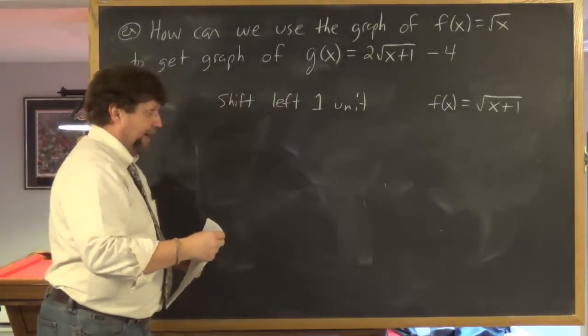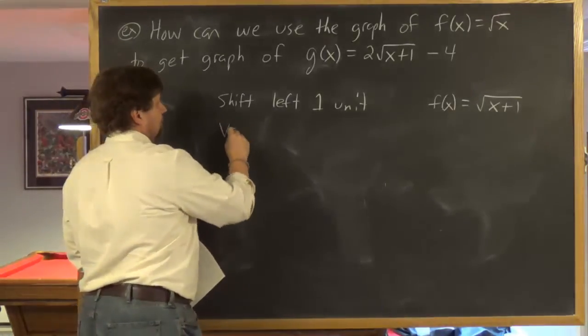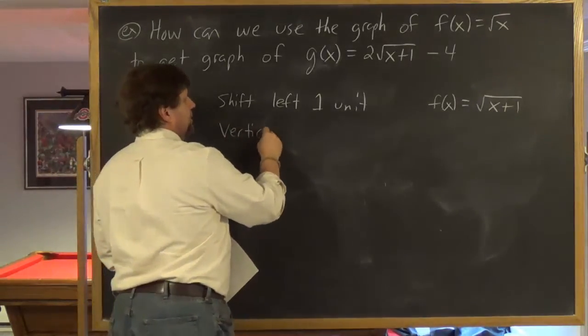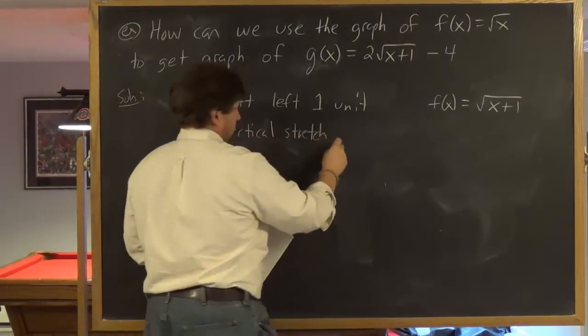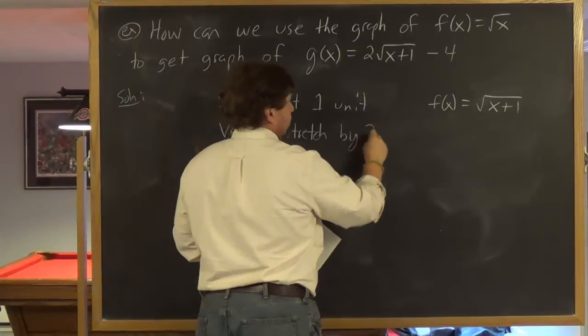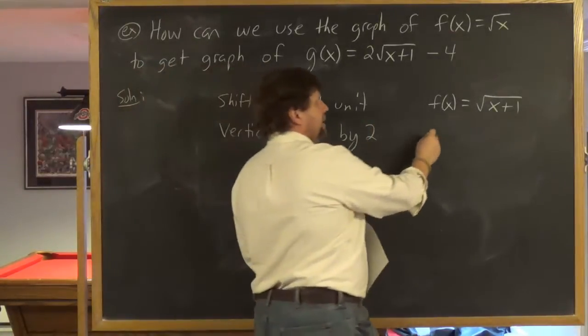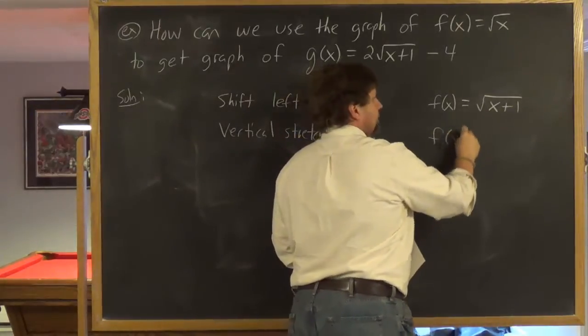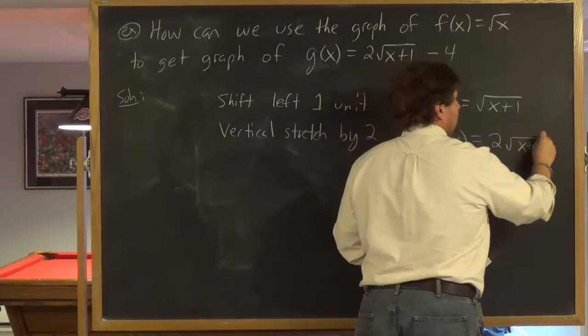Now if I do a vertical stretch by 2, so I'm stretching it by a factor of 2, that would give me the graph of 2 times square root of (x plus 1).